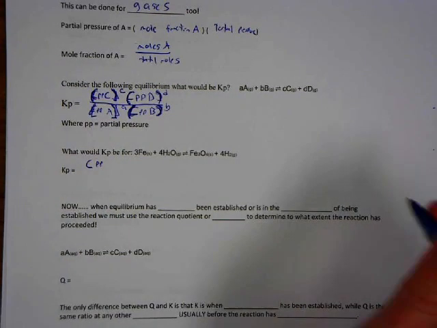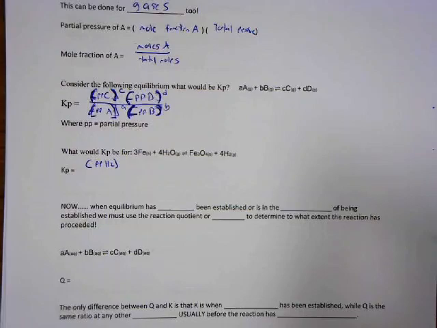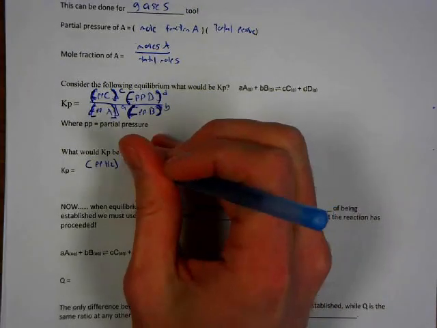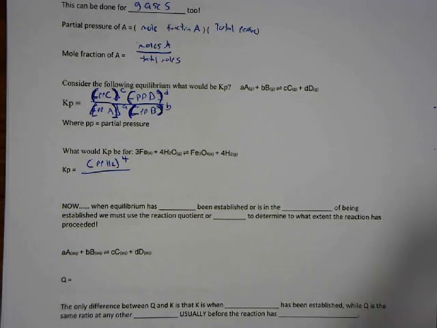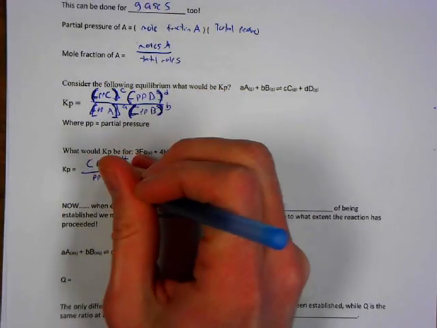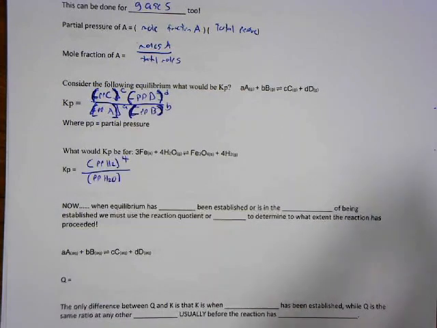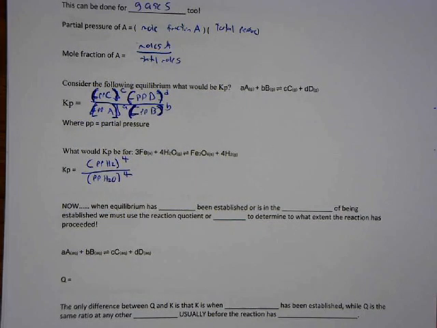No. So it's going to be the partial pressure of H2 to the fourth over the partial pressure of H2O to the fourth. So that's what that would look like.